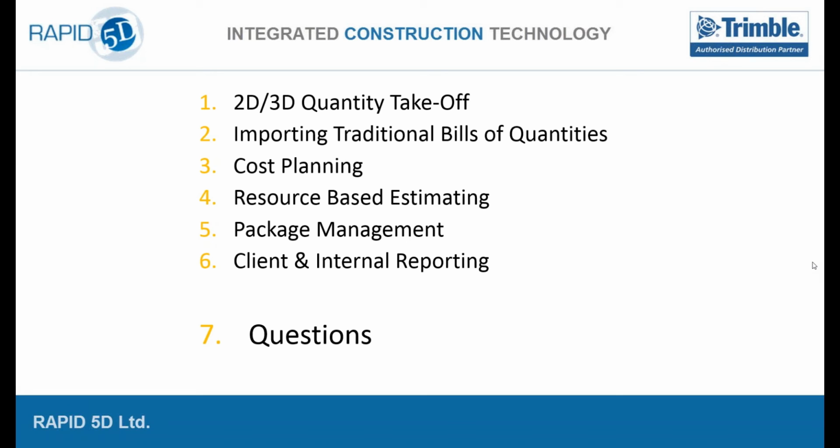Are there any help functions online, a manual or help toolbar? Yes, in the top right corner of Vico Office there's a little help icon. For those of you who've been using Vico Office for a long time, it's worth clicking that and going through it again because it's been updated in recent years, so it's a lot better than it was before.